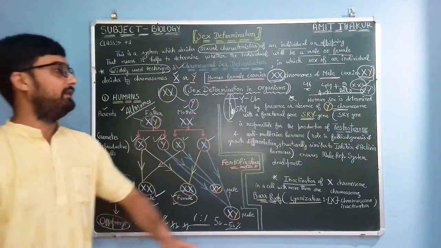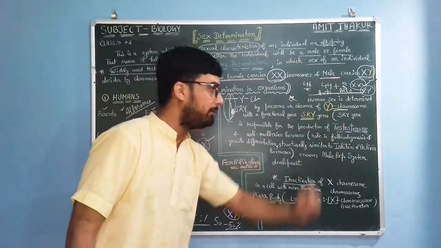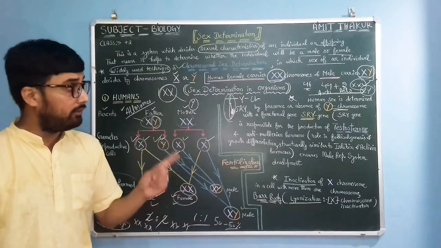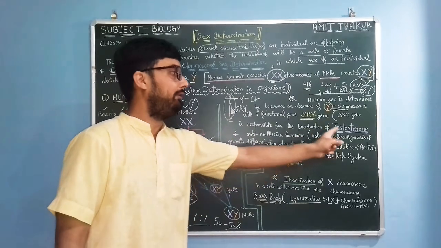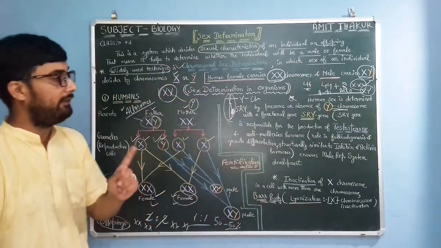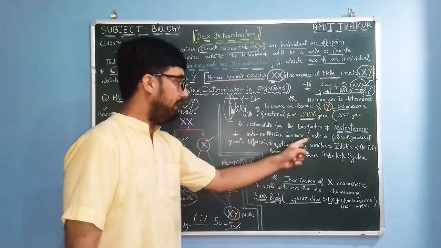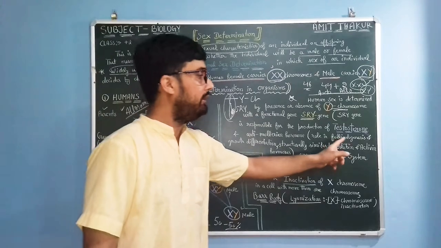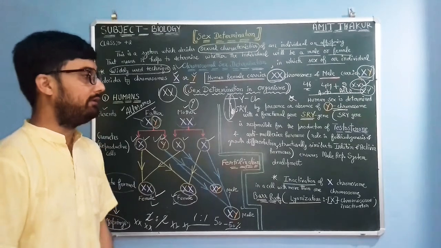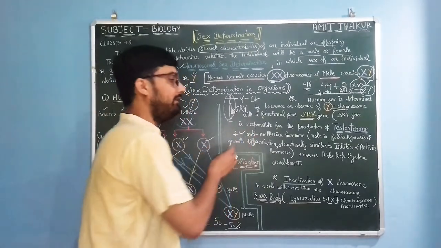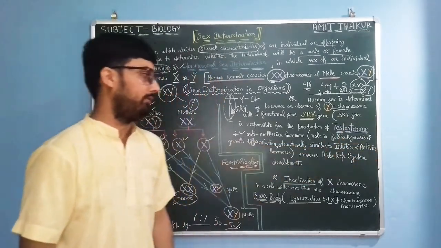And always do remember, this SRY gene is responsible for the production of testosterone, the male sex hormone, and anti-Mullerian hormone. This anti-Mullerian hormone has a role in folliculogenesis, growth and growth differentiation. This anti-Mullerian hormone is structurally similar to inhibin and activin hormones.